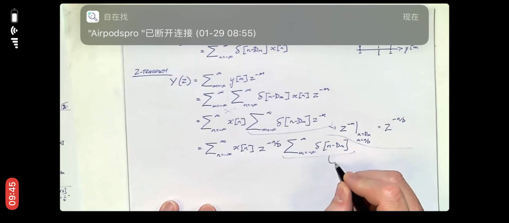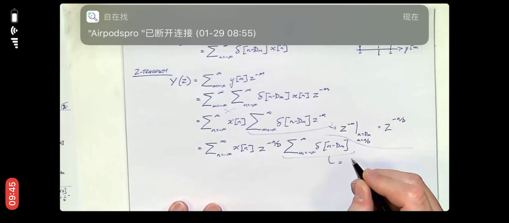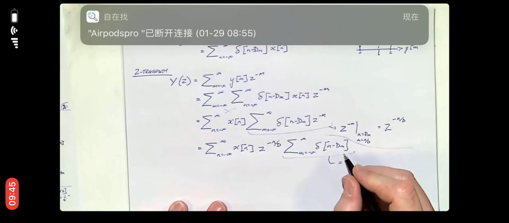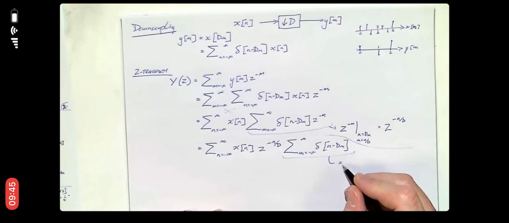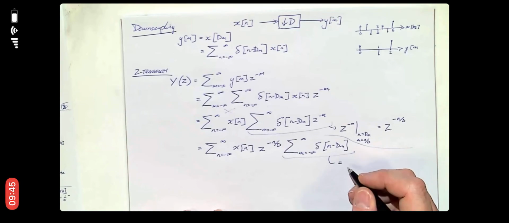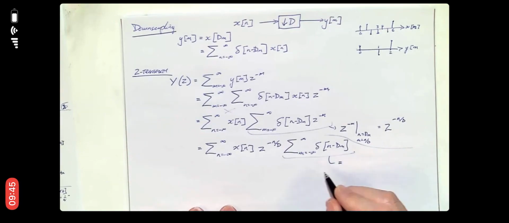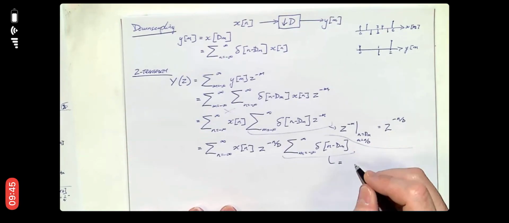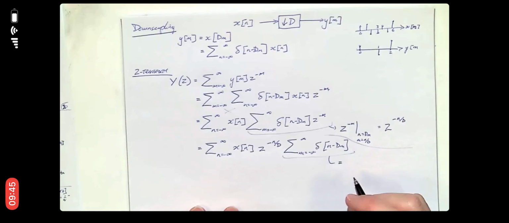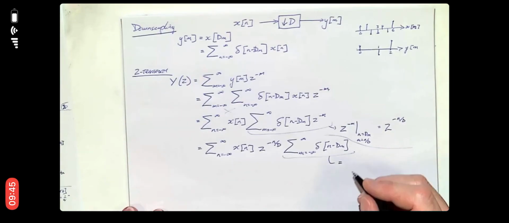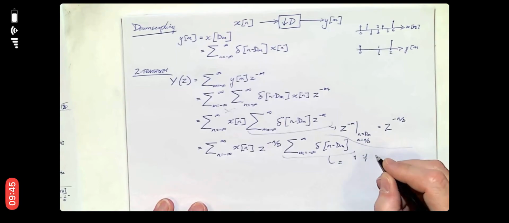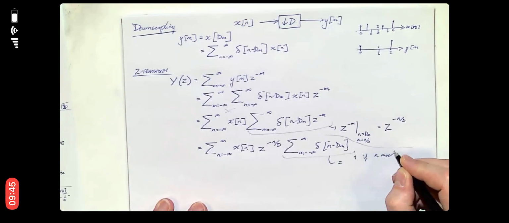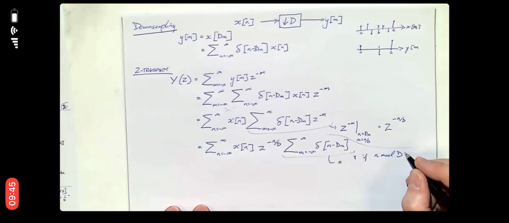So over here, we end up with this point here. This gives us 1 if n mod d is equal to 0.